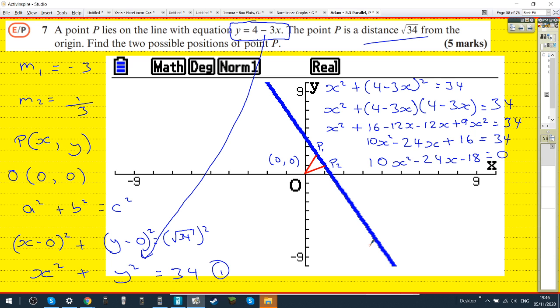And then you can put that into the calculator. So it'll be 10x squared minus 24x minus 18. So the first answer can be 3, and the second one can be minus 3 over 5. Okay, so it turns out it was kind of like up there.